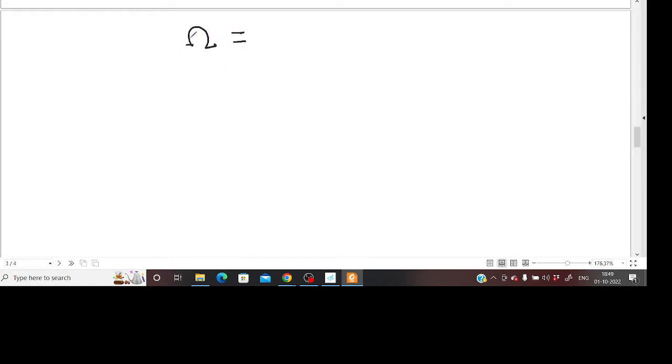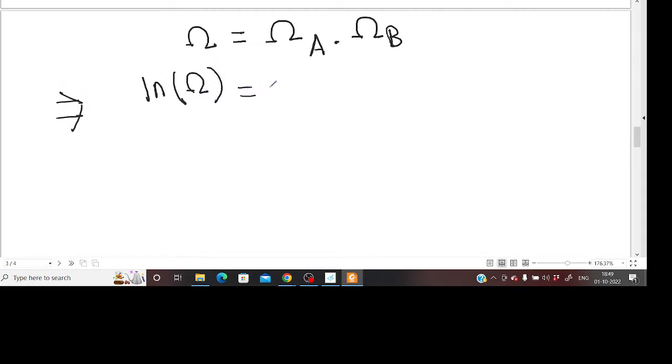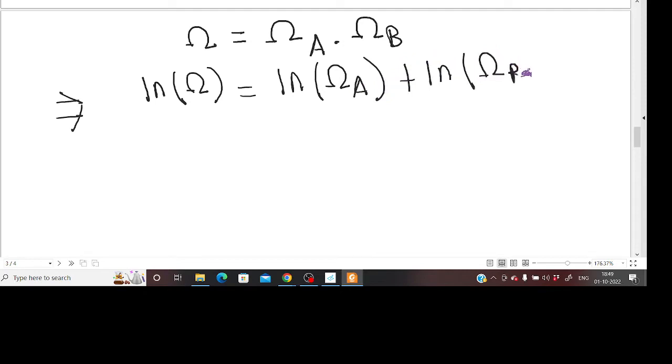So this omega is the number of microstates of the combined system, and this is equal to omega A times omega B. Now take log on both sides. So on the right hand side it will be log omega A plus log omega B. Now also multiply kb on both sides.